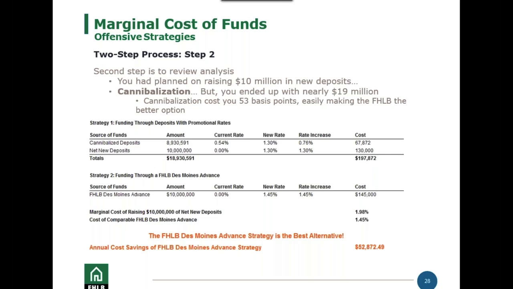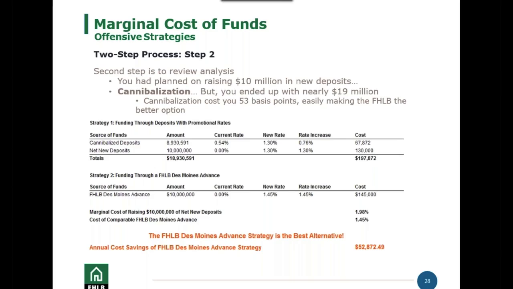However, if we quantify the marginal cost of those roughly $9 million that flowed from a lower costing alternative to a higher costing alternative, you can see that our cost was $197,000, $52,000 more than if we'd have just gone with the Federal Home Loan Bank alternative.